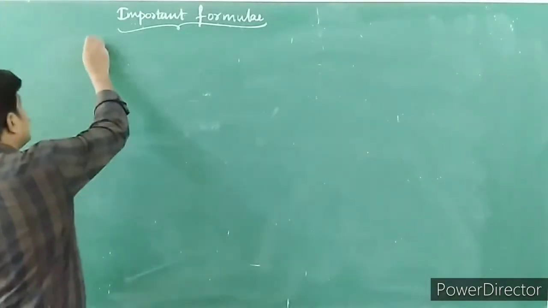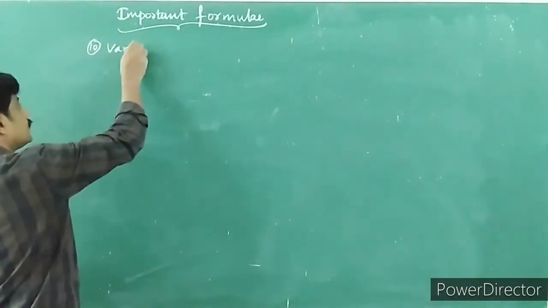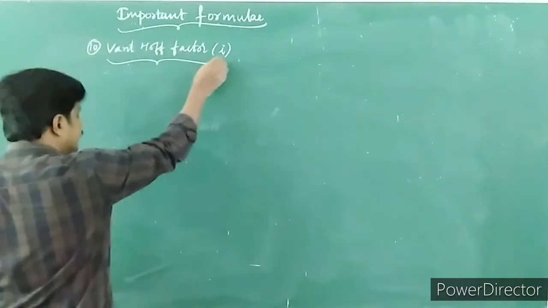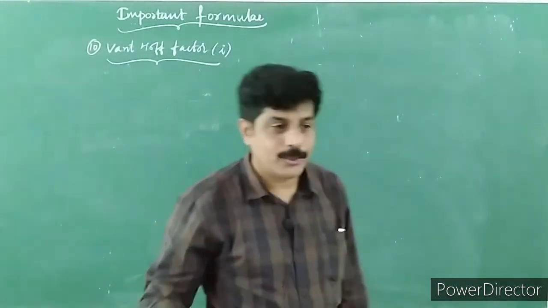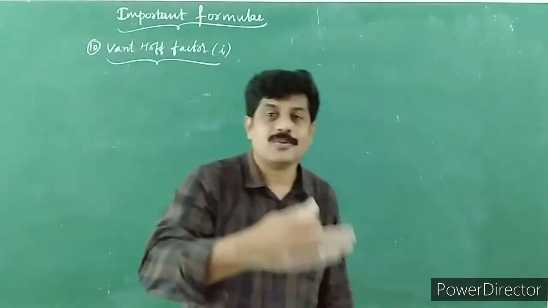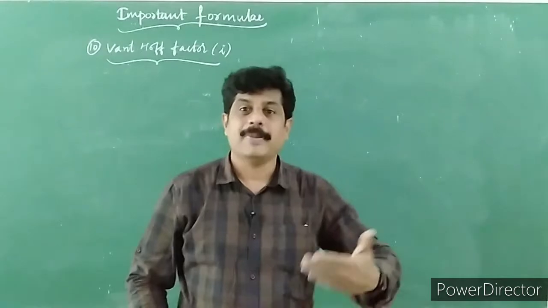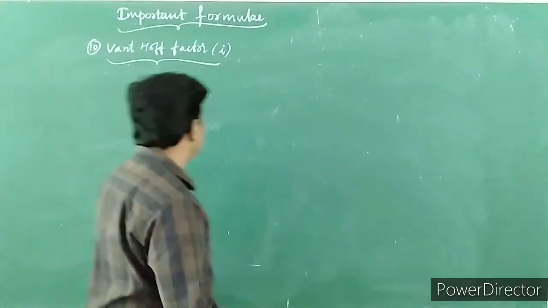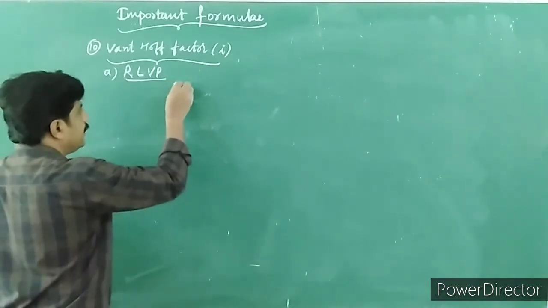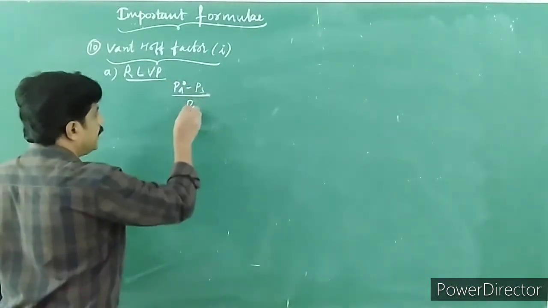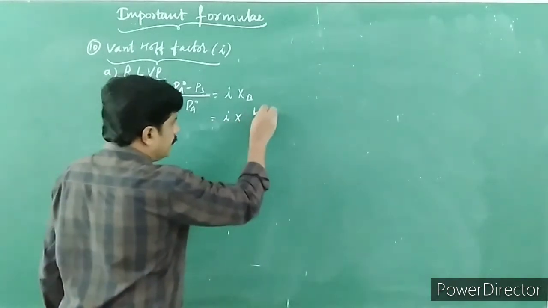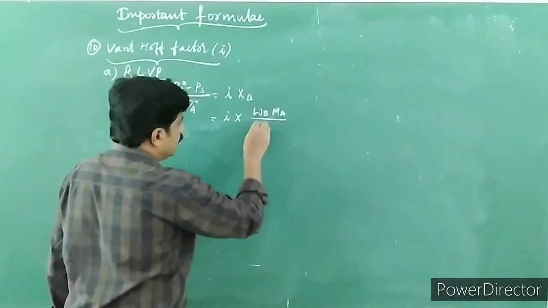Let me go for the next one, that is the Van 't Hoff factor, denoted by I. Children, I said if any non-volatile solute undergoes either association or dissociation in the solution, then we need to modify the formula of colligative properties by inserting the Van 't Hoff factor, that is I. Let me take up the first one, relative lowering of vapor pressure: PA naught minus PS upon PA naught is equal to I into XB, or I into WB into MA upon MB into WA.